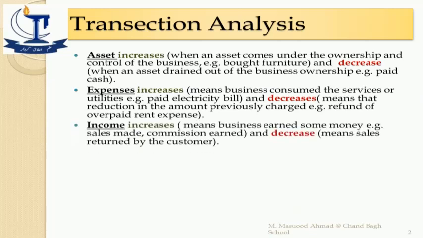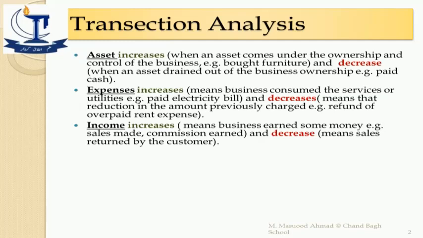The third head of account was income. Income increases means the business earned some money. For example, sales. When sales are made, commission is earned. When you give the property of the business to your tenant and rent is received, rental income is your income.